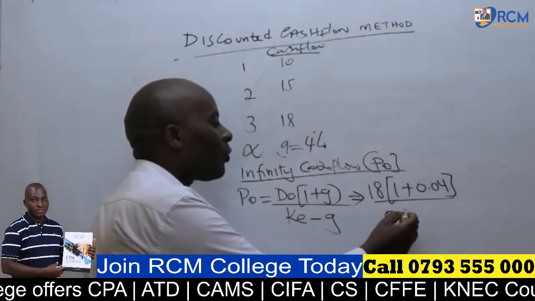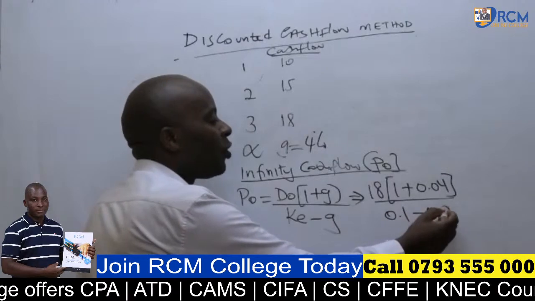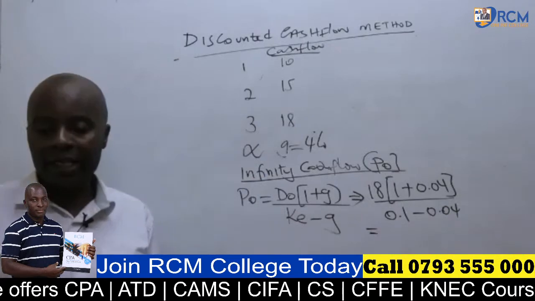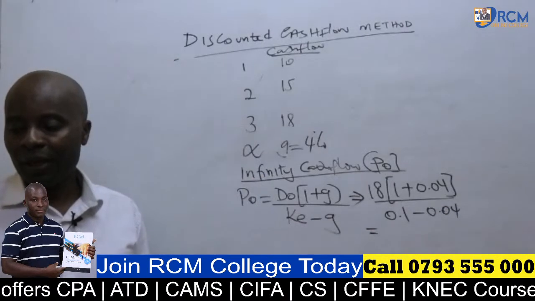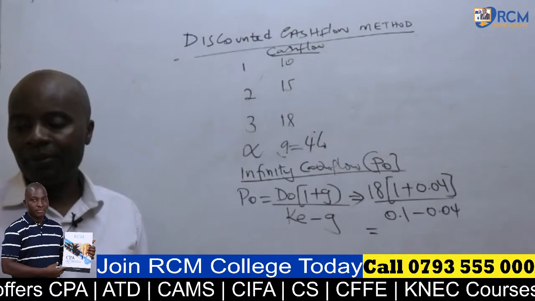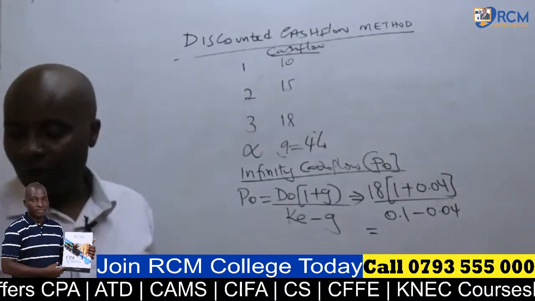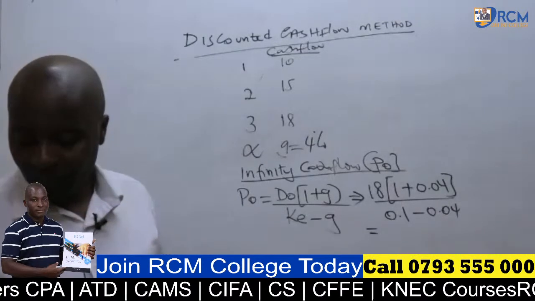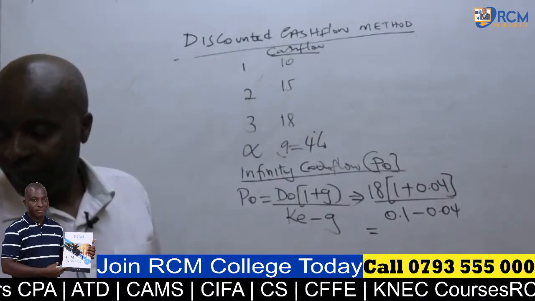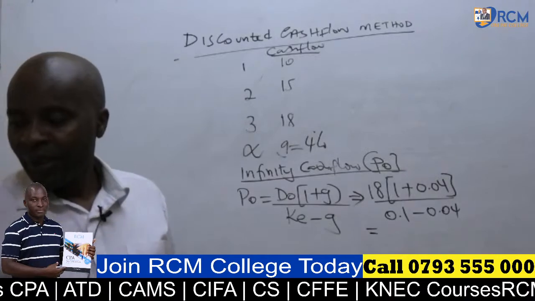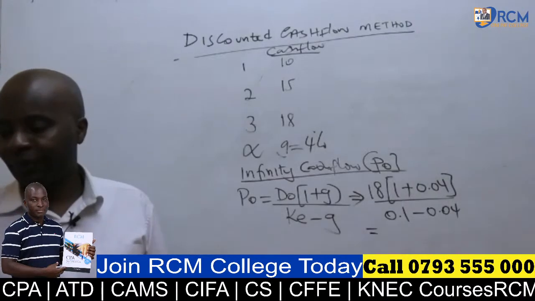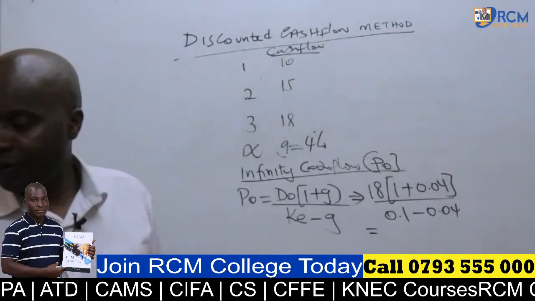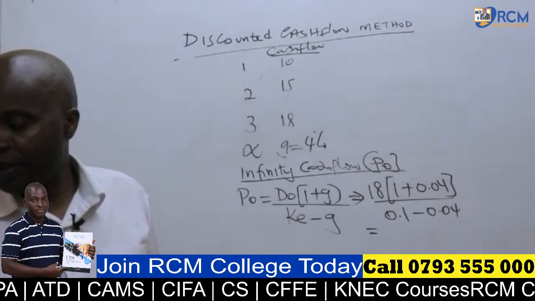So cost of capital is 0.1 minus 0.04. Please give me an answer here.